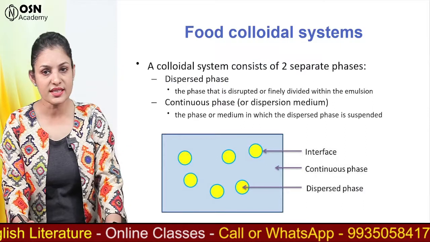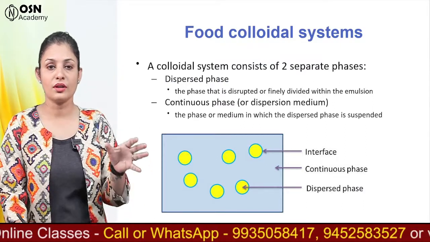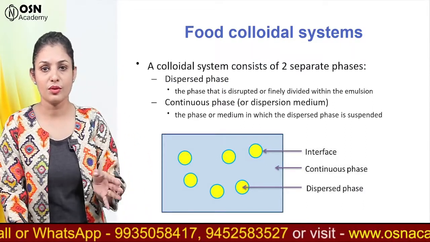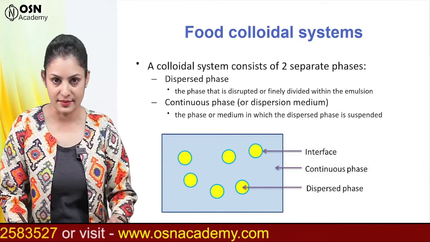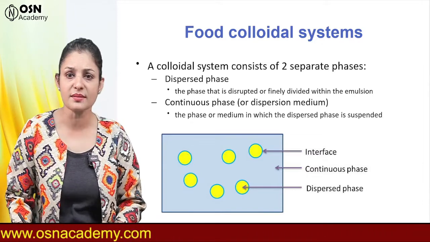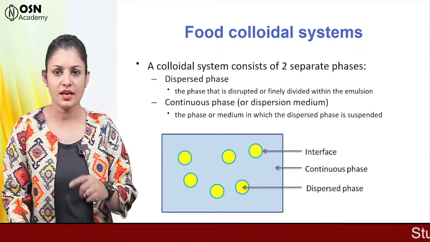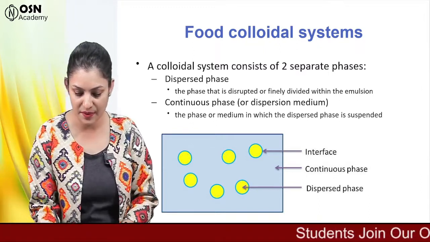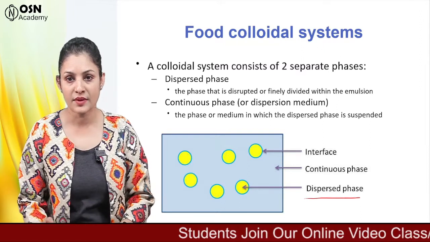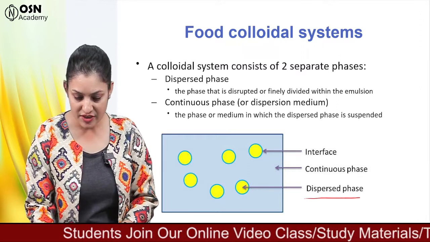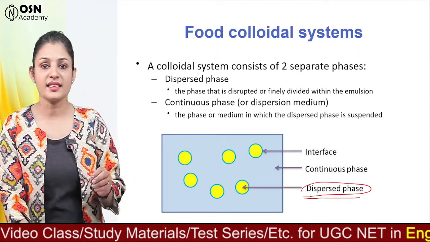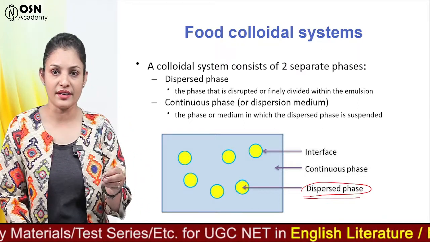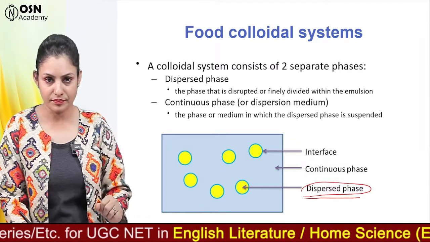Now, when you know about colloidal systems, you can easily understand what a food colloidal system is. The colloidal system consists of two separate phases. The first one is the dispersed phase, which is the substance, the phase that is disrupted or finely divided within the emulsion.